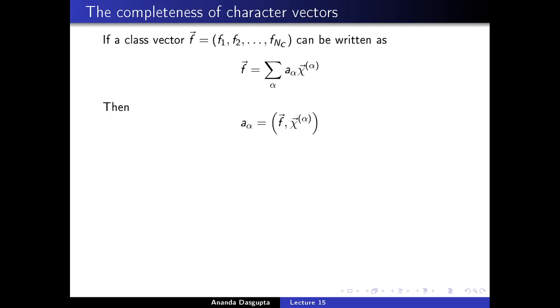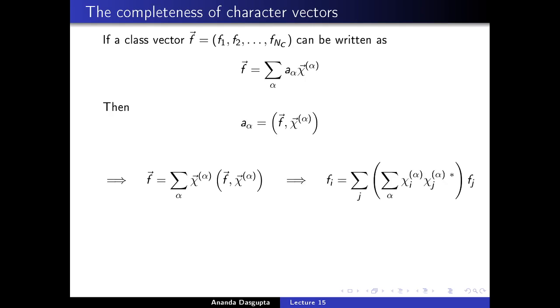If I try writing this equation in terms of components, the ith component of f, fi, is equal to the sum over all alpha of chi alpha i times the inner product. And if I replace the inner product by the sum over j of fj chi alpha j star and interchange the sums over alpha and j, what I am going to land up with is this expression for fi: fi equals the sum over j of fj times something, and that something is the sum over alpha of chi i alpha chi j alpha star.